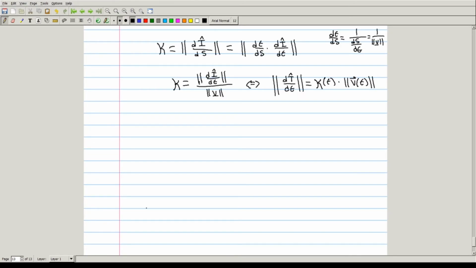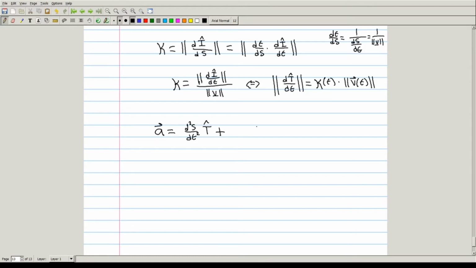And remember how we decompose the acceleration vector. The acceleration vector is equal to the second derivative of arc length, or the first derivative of ds/dt, so d squared s/dt squared times t hat.